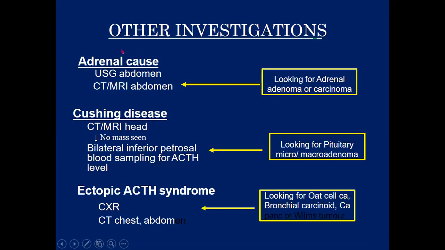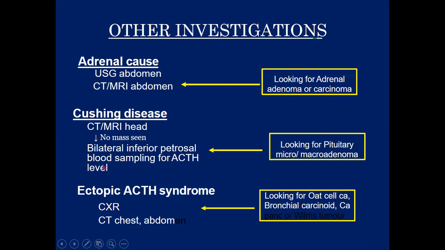Then other investigations for the adrenal cause: ultrasound abdomen and CT MRI abdomen, looking for the adrenal adenoma or carcinoma. Then further confirmation of the Cushing disease, CT MRI, no mass seen, then bilateral inferior petrosal blood sampling for ACTH level.